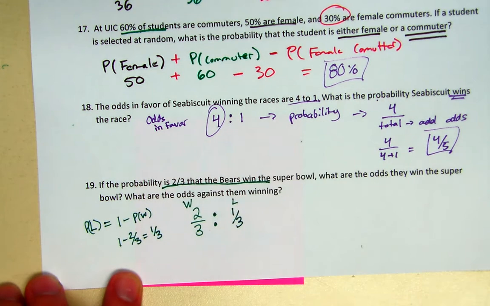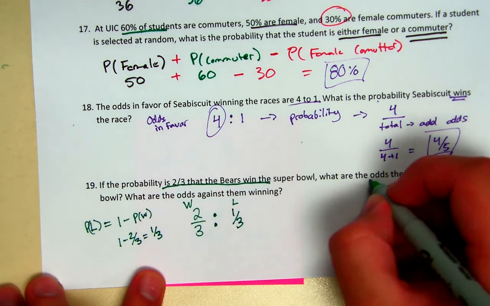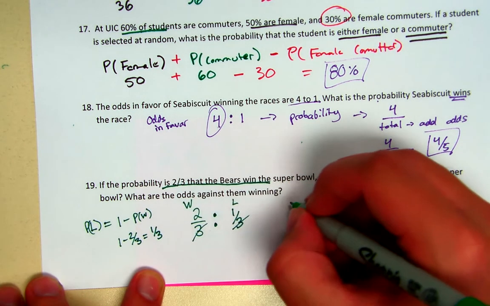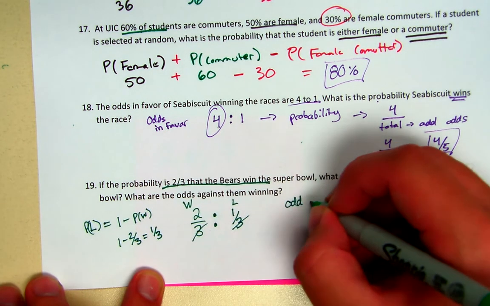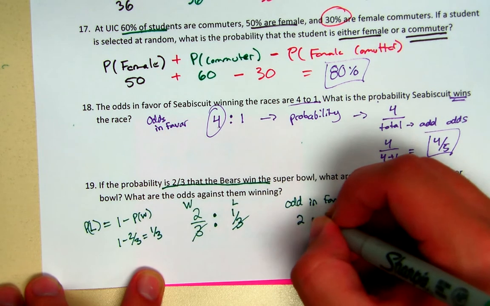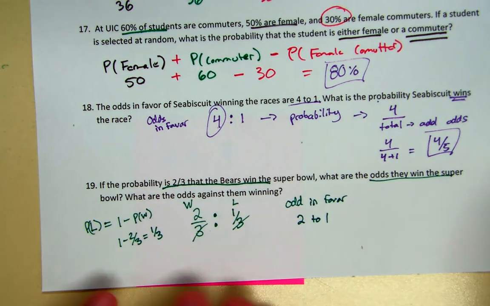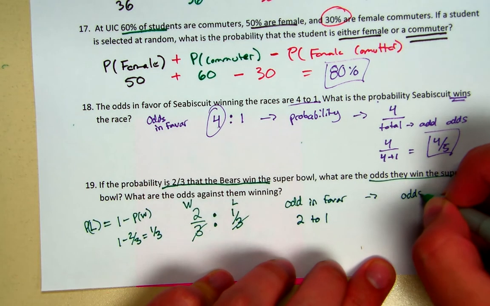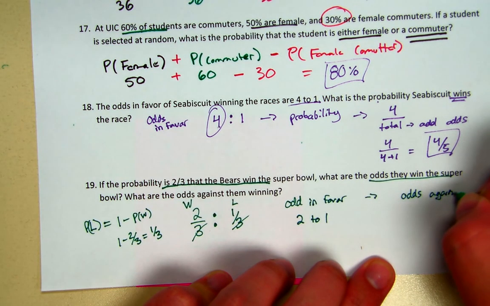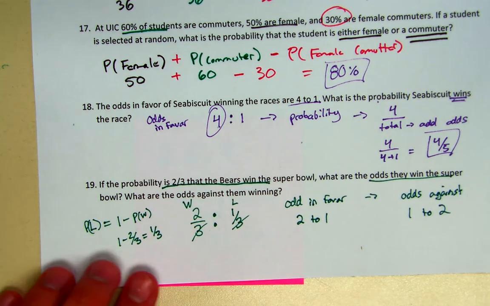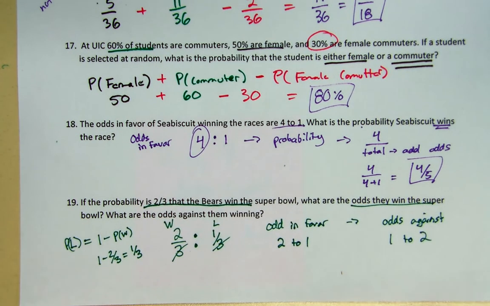So 2/3 over 1/3. If I want the odds that they win the Super Bowl, I just need to get rid of the denominators. So odds in favor are 2 to 1. What about the odds against? Well, that's just flipping. Odds against are 1 to 2. So we just flip those.